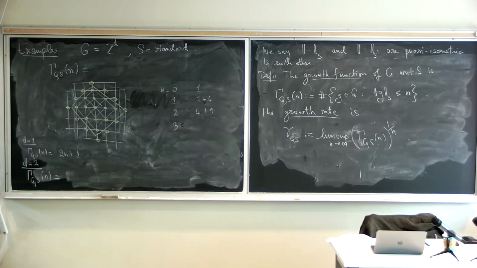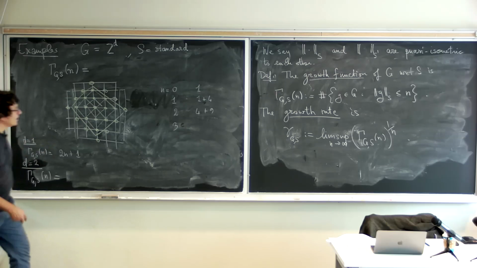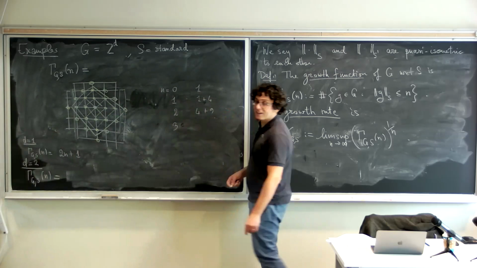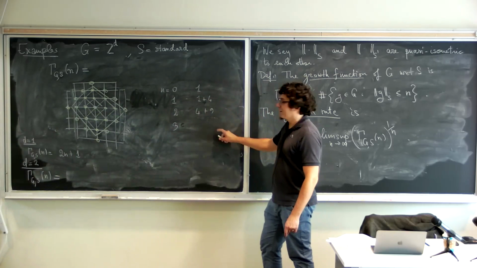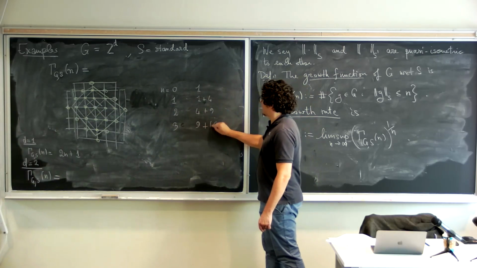So there is an odd square, which is not 3 squared, and there's an even square, which is 4 squared. So what's the right number? 35, yeah, exactly. It's not like 6.